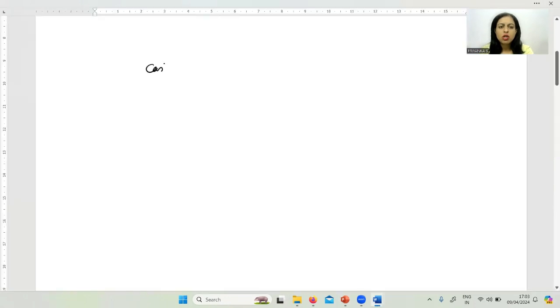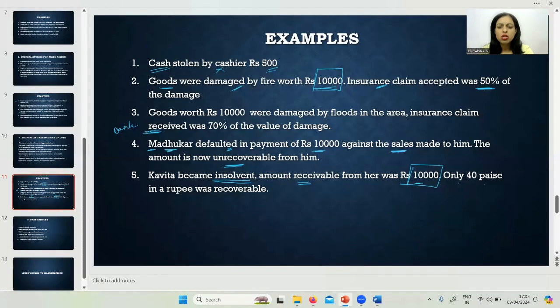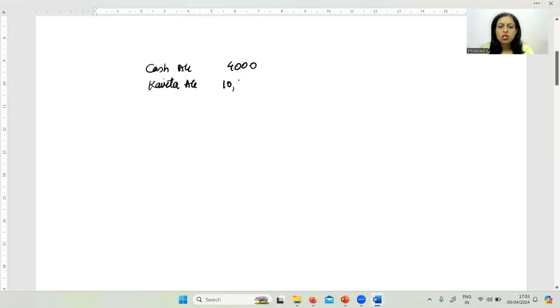So one is the cash account, which you will be receiving, 4,000. Second is Kavita, who is going to make the payment and who is going to create the loss. Kavita had to pay 10,000. So her account is zeroed down, 10,000. And what about the rest 6,000? It is lost by insolvency.